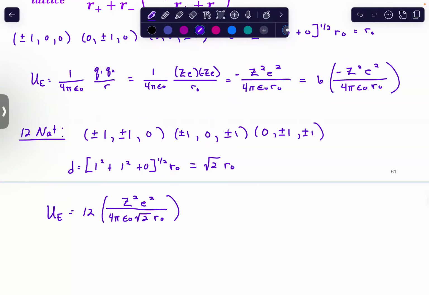Does that make sense how in the first one it was just R0 down there? I think the clearer way to look at that is if we start our potential with D instead of R at the bottom. Now you see why this one down here adjusts to square root of 2 R0.